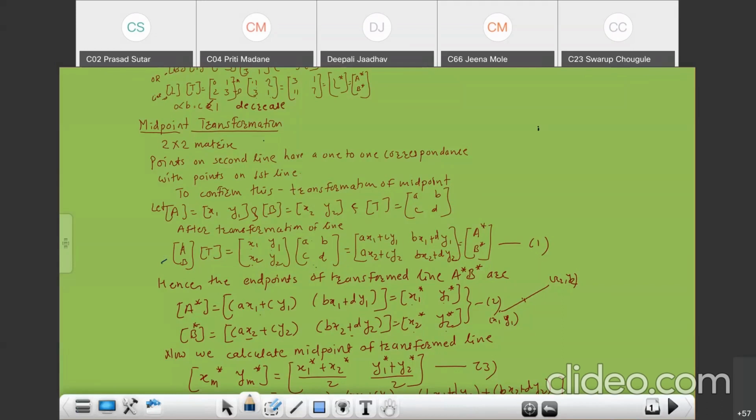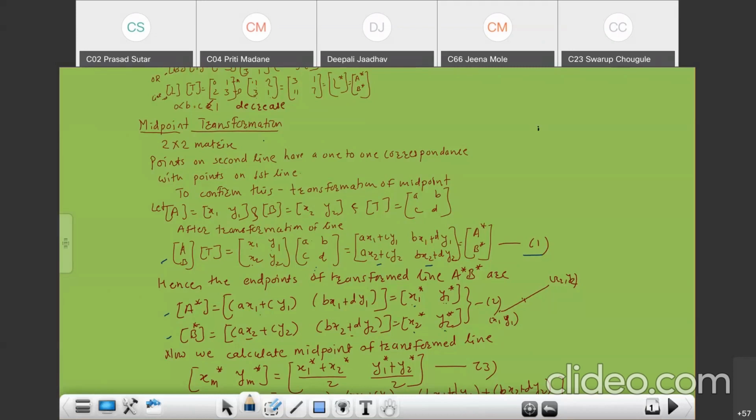So we will get the transformed line A star and B star. These are the end points of the transformed line. A of x1 plus C of y1, B of x1 plus D of y1, that is x1 star and y1 star. Similarly, B star has the end points x2 star and y2 star.